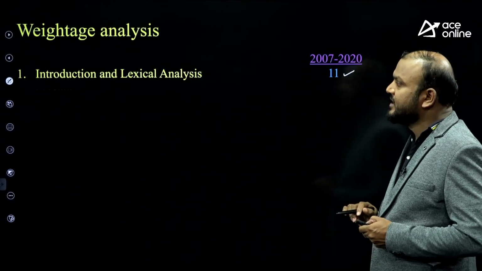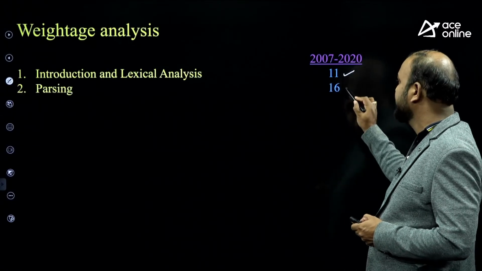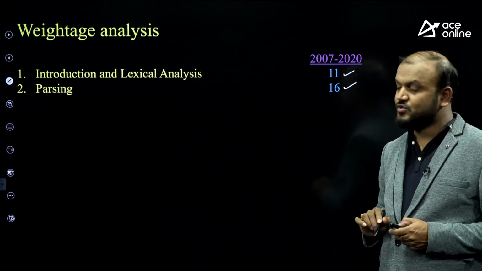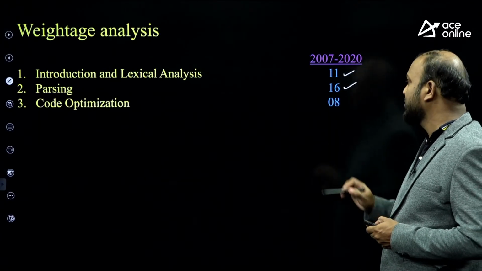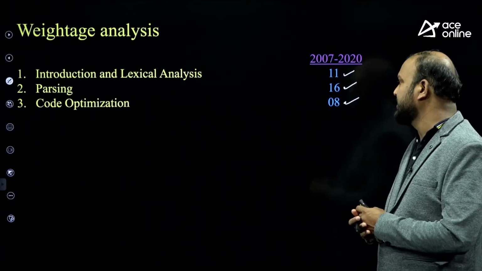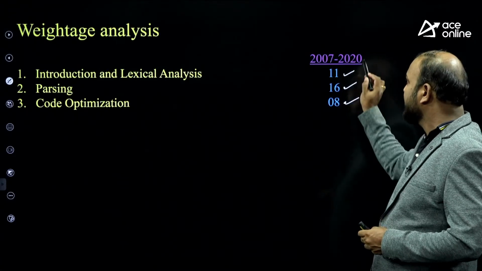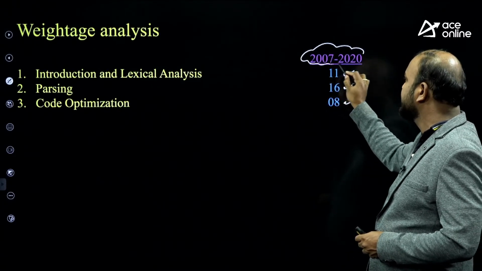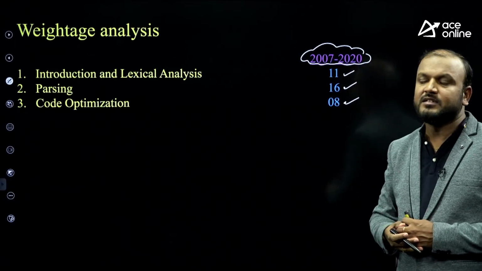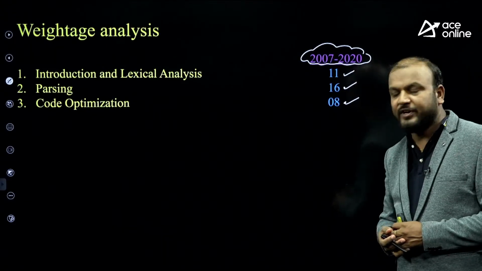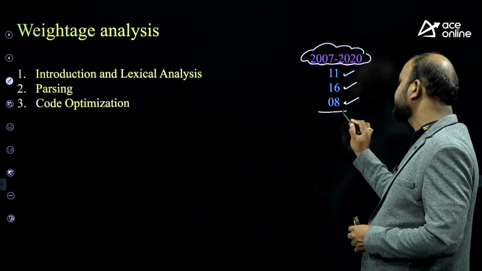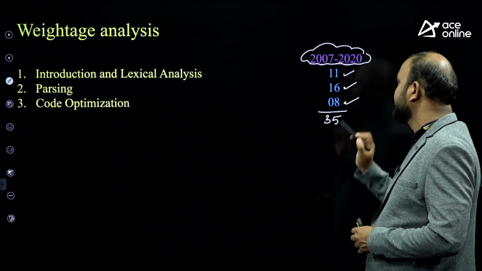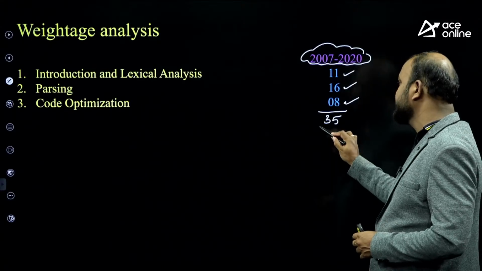From the parsing chapter, 16 questions were asked, and from code optimization, 8 questions. In total, 35 questions were asked.